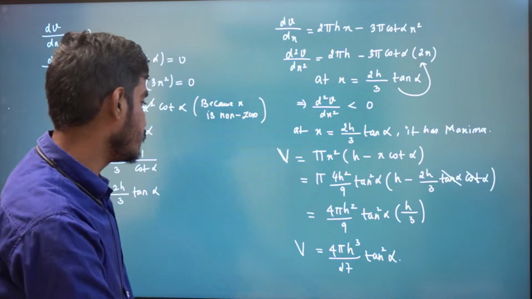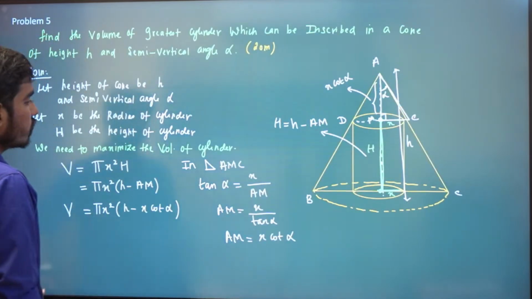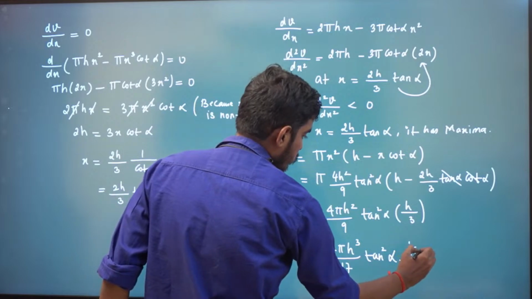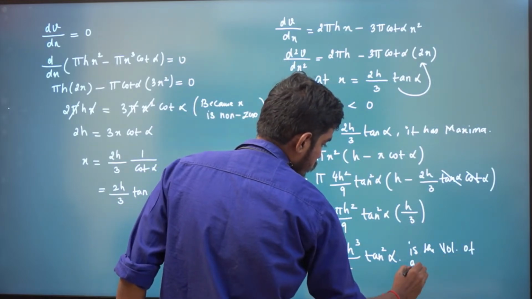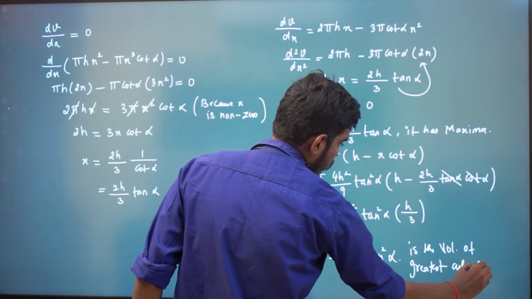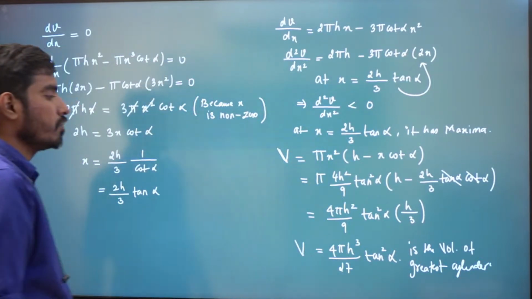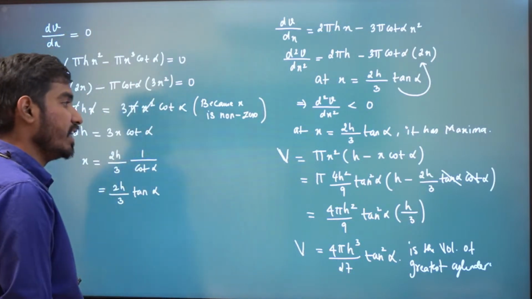So 4 pi h cube by 27 tan square alpha is the volume of the greatest cylinder that can be inscribed in a cone of semi-vertical angle alpha and height h.